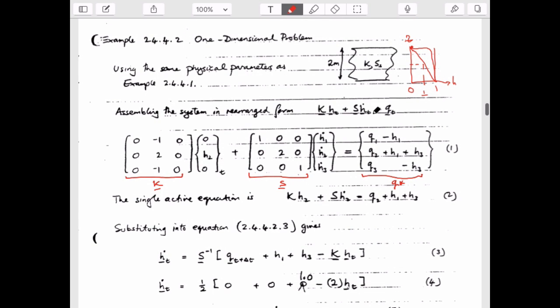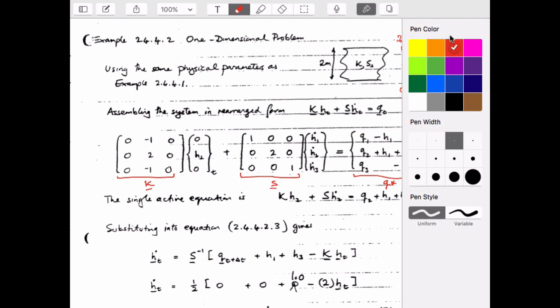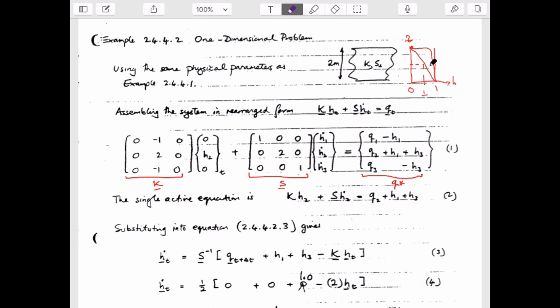We've made the point that we only really have one degree of freedom that we're solving for. And so this is the only unknown in our system, because we prescribe this as an initial condition, and we prescribe this as an initial condition as well. So the only term we have to solve is for this central node, node number 2. This is this central equation.